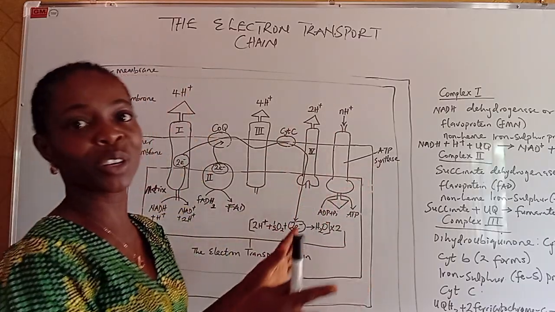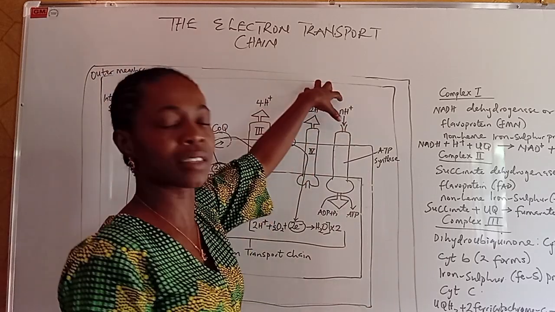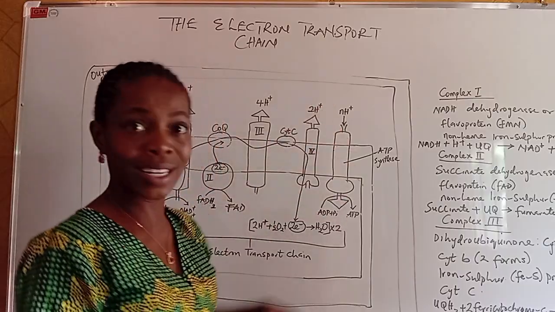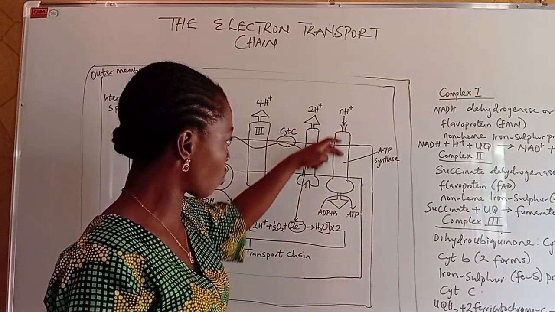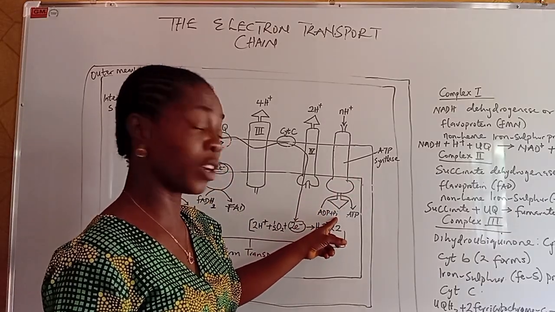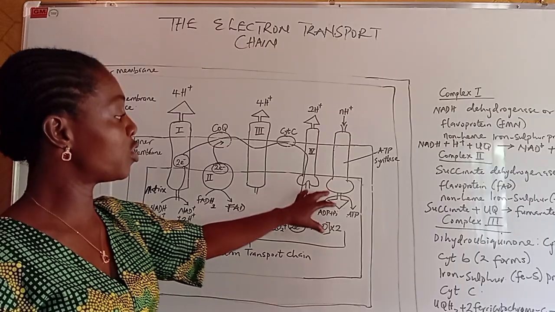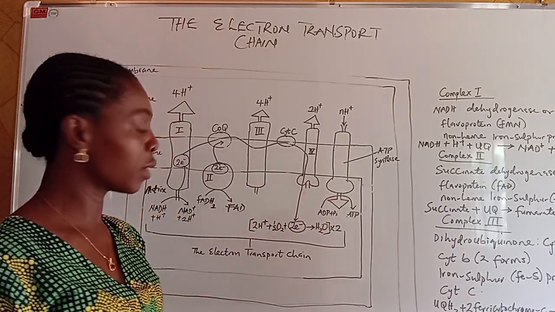This enzyme is a channel, so it opens up and allows the excess protons to return back to the matrix. And because it's going down the gradient, the energy is dissipated. Instead of being released as heat, it is trapped by this enzyme to add inorganic phosphate to ADP to give us ATP. This is the major way of ATP synthesis for cellular function.